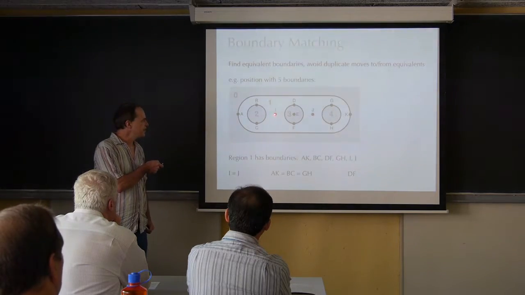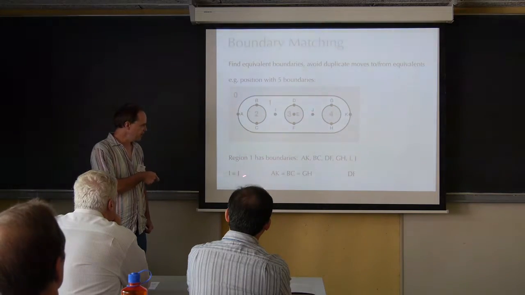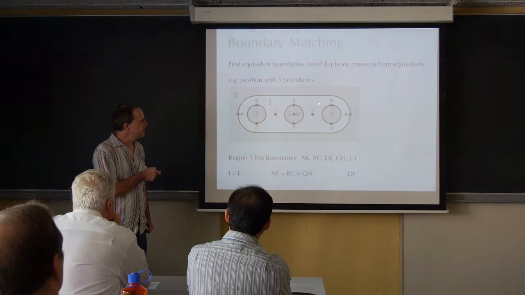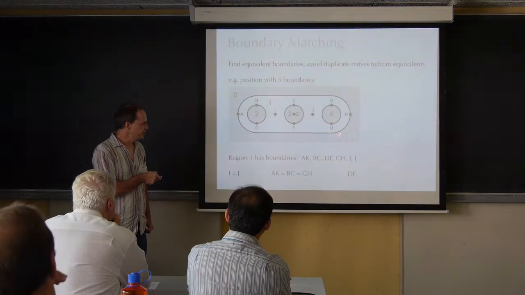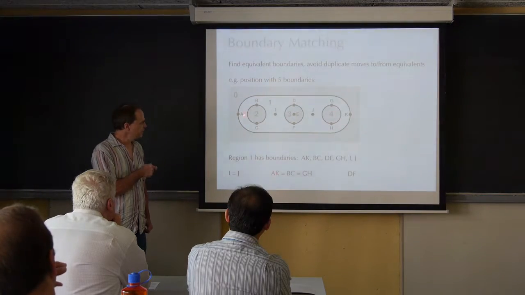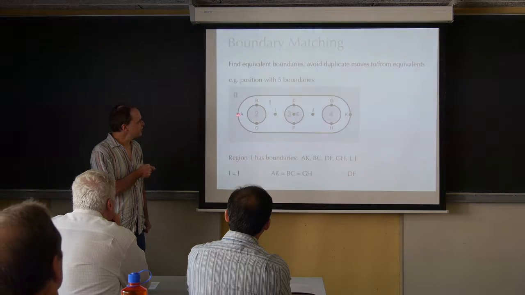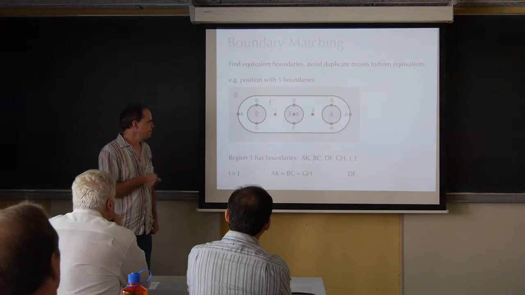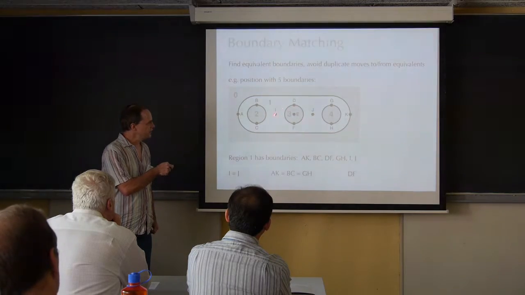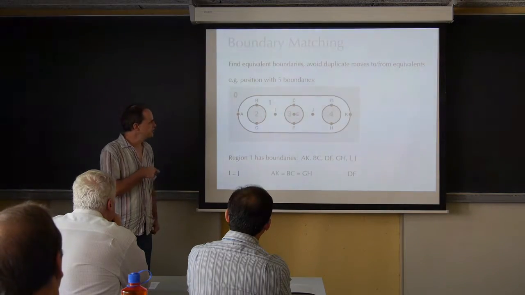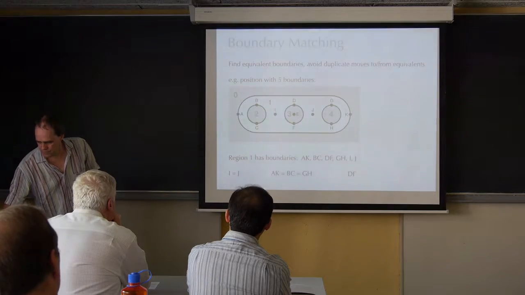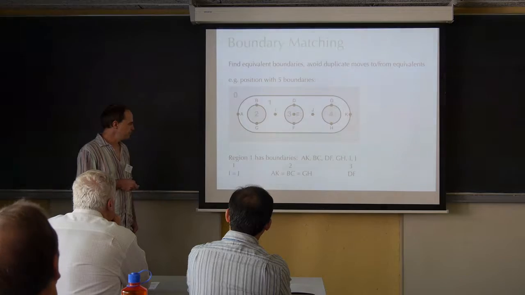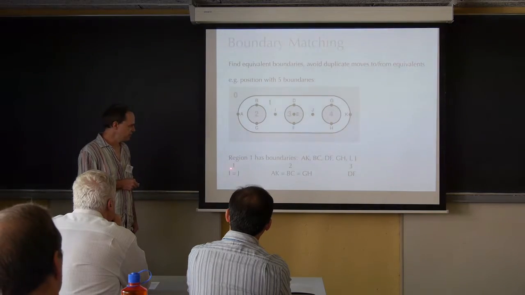It's obvious that the I and the J singletons are equivalent, and it's obvious that the BC boundary and the GH boundary are equivalent. They're also equivalent to the AK boundary because it has 2 vertices with 1 life that open onto region 1. And DF is a separate boundary relative to the others in region 1. So we can label each of these with an invariant group, an equivalence group, equivalence 1, 2 and 3.